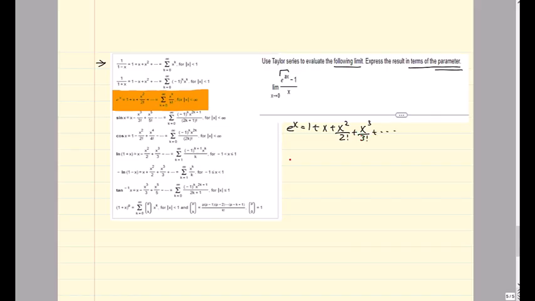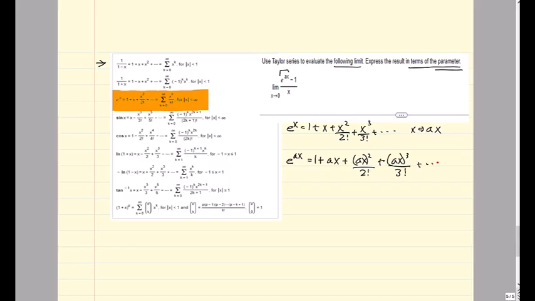But I want e to the ax. So that means I'm going to take x and replace it with ax. So this is 1 plus, instead of x I have ax, plus not ax squared but ax quantity in parentheses squared over 2 factorial, plus not ax cubed but ax quantity cubed over 3 factorial.